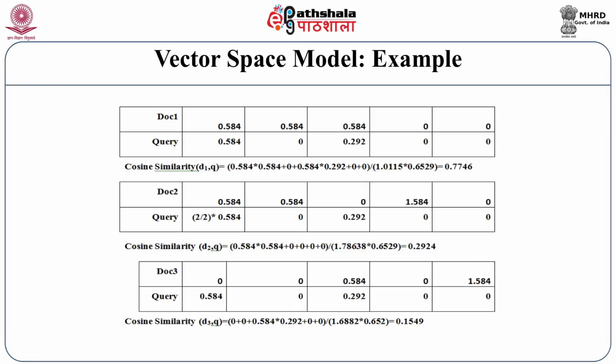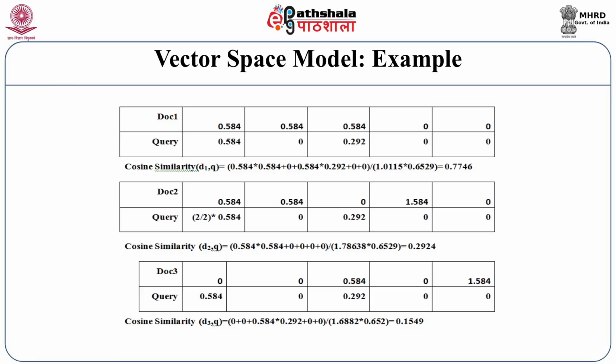Same I am doing for document D2 and document D3. You just refer to the slide. You can see that the TF-IDF values for document D2 and for the query are put parallelly. You just match the values up and down. If you see the slide, you can understand that the first value of document D2, that is 0.584, is matched with the query value, that is 0.584. The second value is not matched because 0 is there for the query.